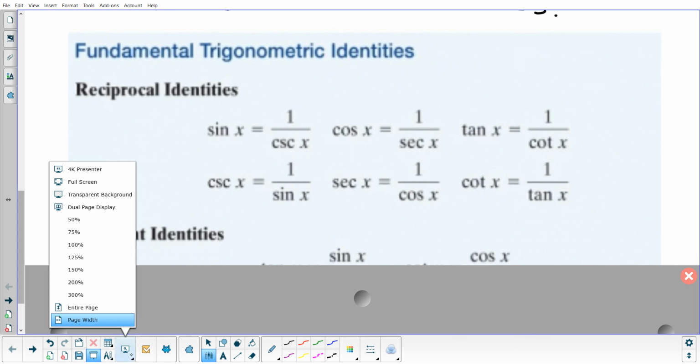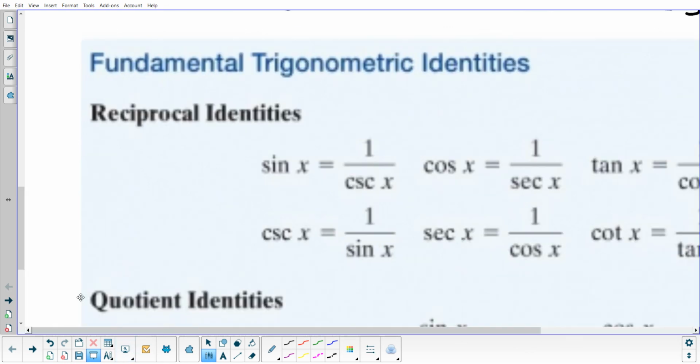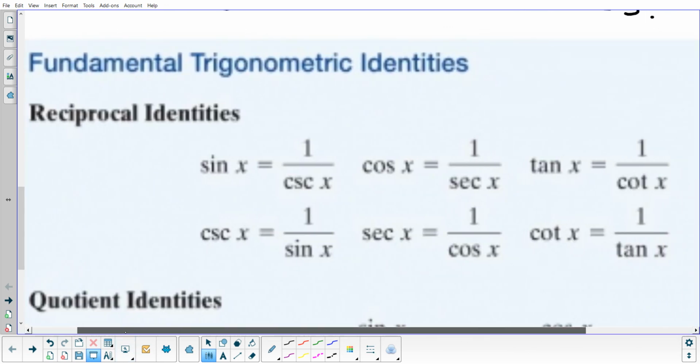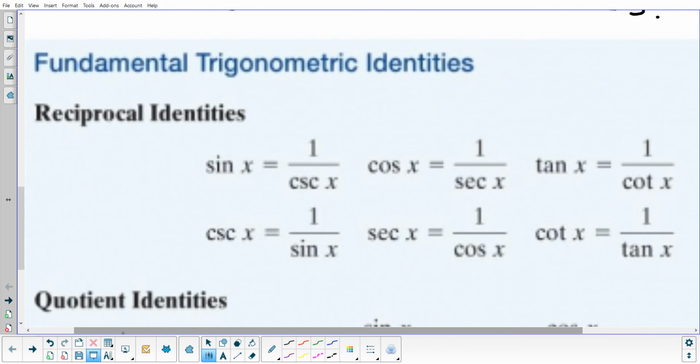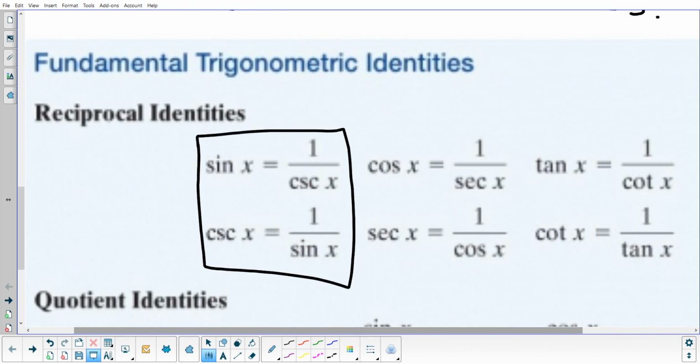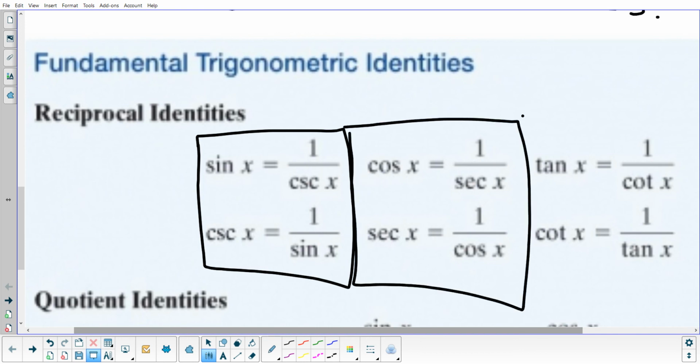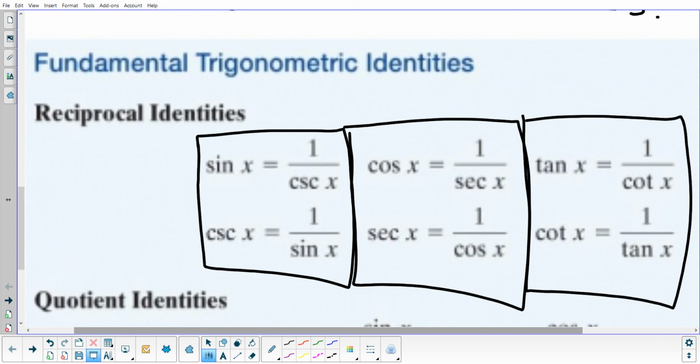All right, so these are the reciprocal identities. And it looks like there's 6 of them, but there's really only 3. These 2, they're the same thing. It's just rearranged. These 2 are also the same thing. And those 2 are the same thing. And if you're like, well, what do you mean by the same thing?